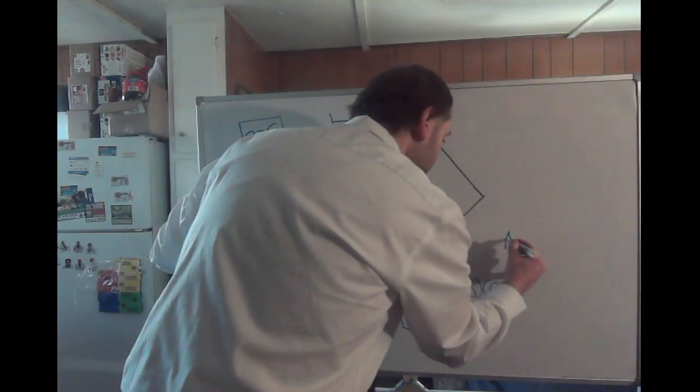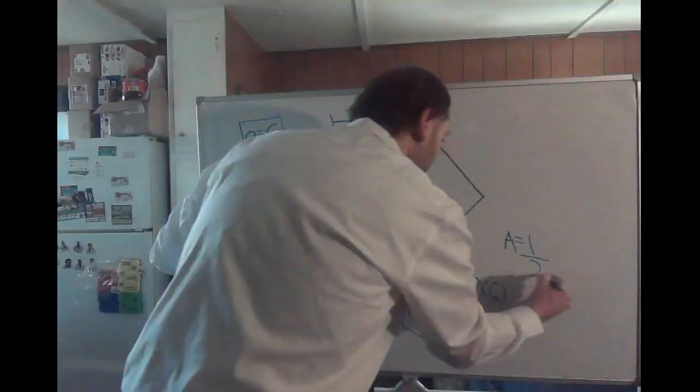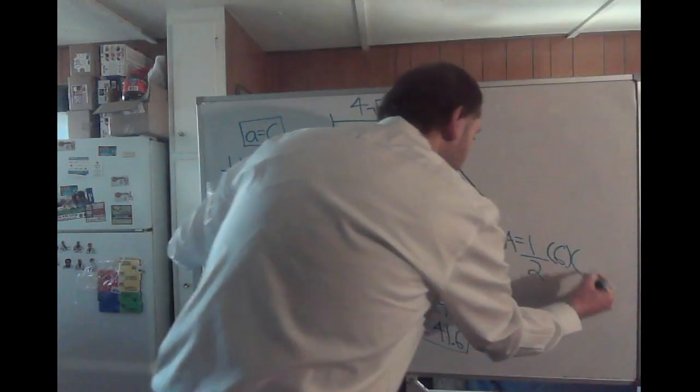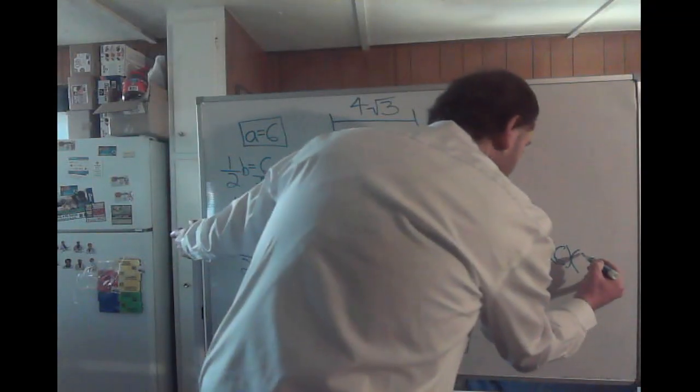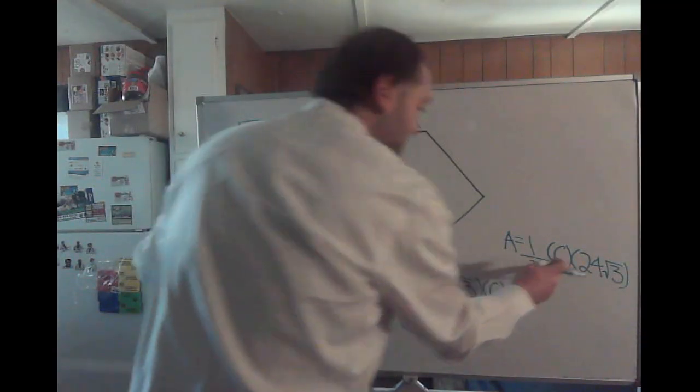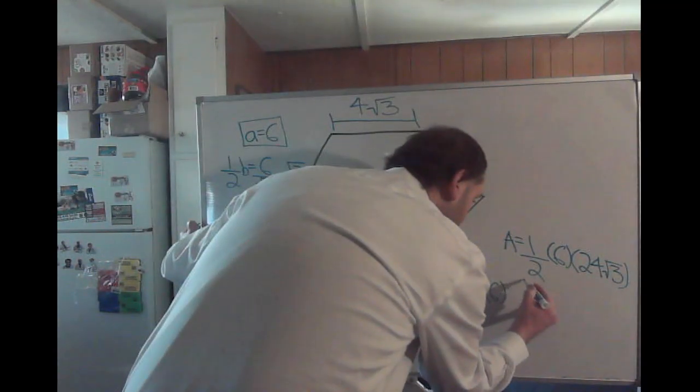The area is equal to half the length of the apothem, which would be 6, times your perimeter. We're going to put in the exact value for this, which would be 24 times the square root of 3. See that half of 6 is 3, times 24 is 72.